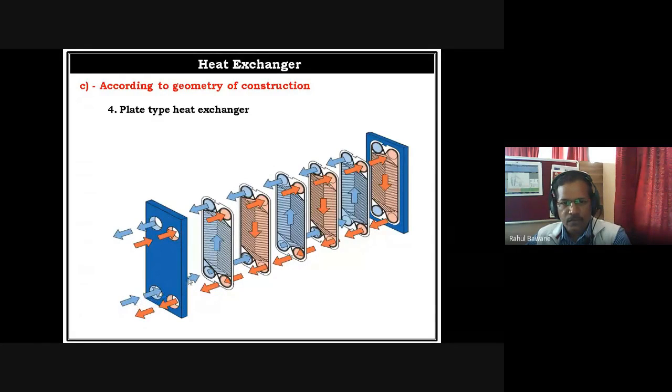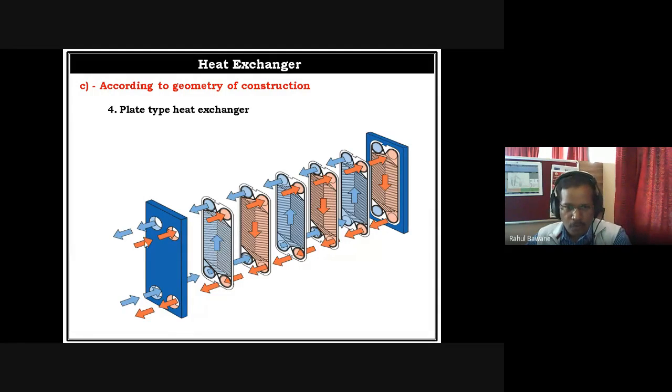When cold fluid is moving to this plate, there is a portion where cold fluid can enter here. So cold fluid enters this plate and moves upward, and some part of cold fluid moves further, but it is not entering the second plate, it is directly entering the third plate. Likewise again it moves ahead and enters into this plate.